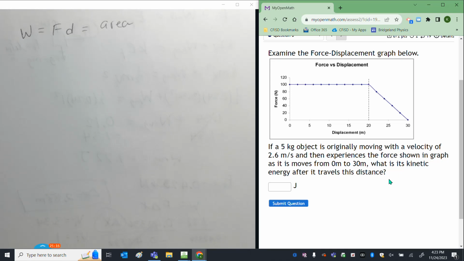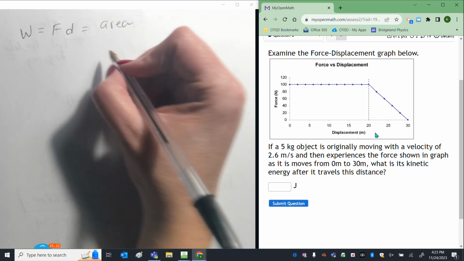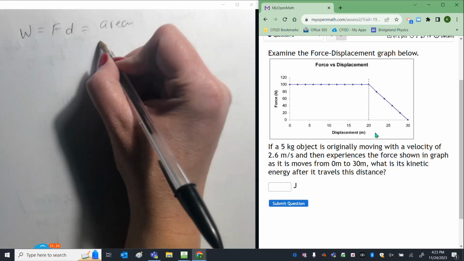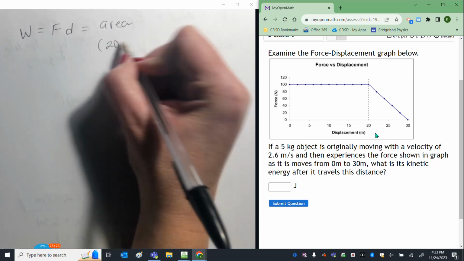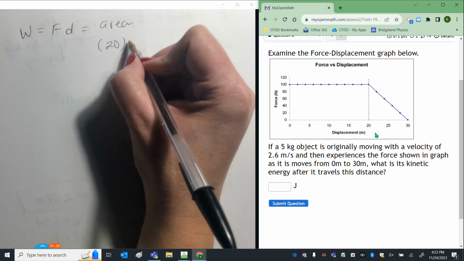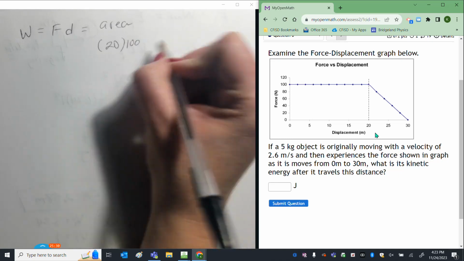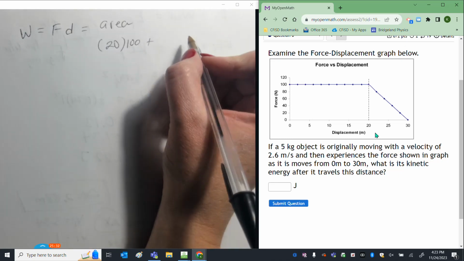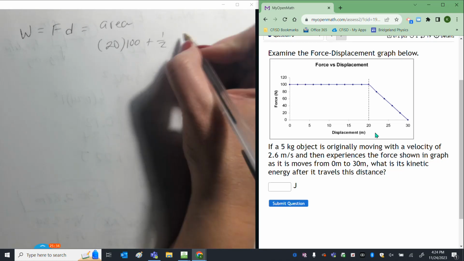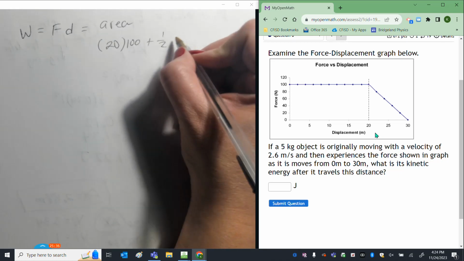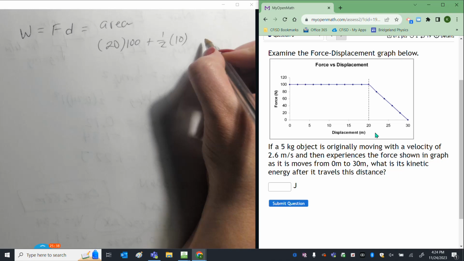So we're going to separate this into two regular shapes. The rectangle for the first 20 meters. So let's go ahead and do that. Length times width. For the first part, we're going to have 20 times 100. And then we're going to add to that the triangle. Again, that's going to be 1/2 base times height. The base from 20 to 30 is 10. The height is 100.